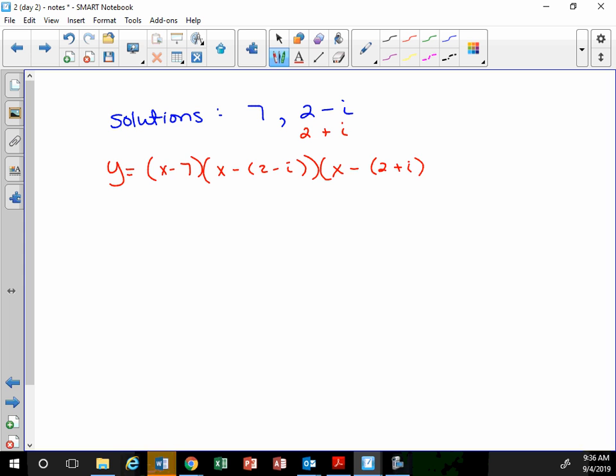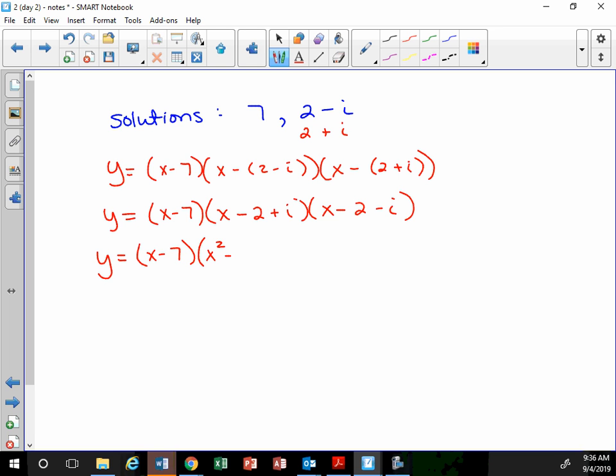Again, you don't have to write this step as long as you're not messing up your signs. Okay, so x minus 2 plus I and x minus 2 minus I. Those are the two things I have to actually multiply together. Whatever way you get there.